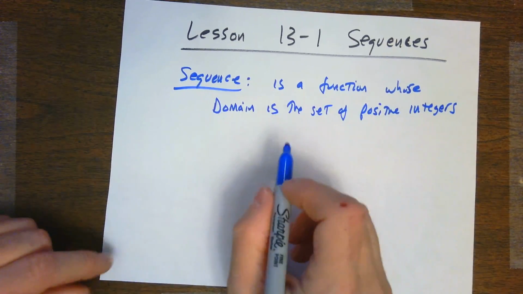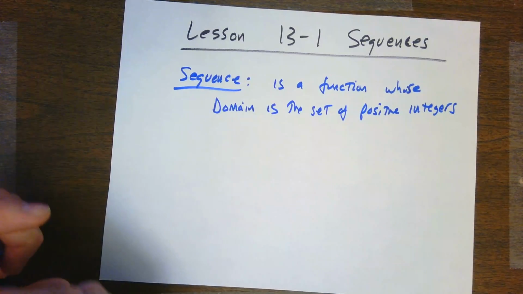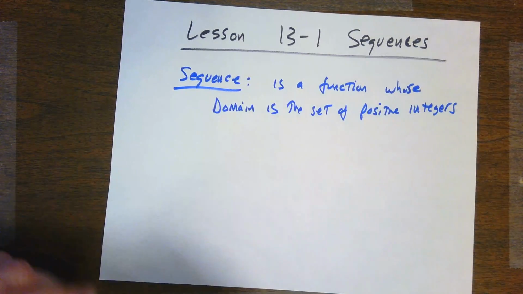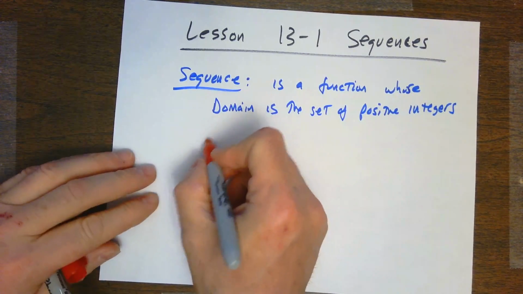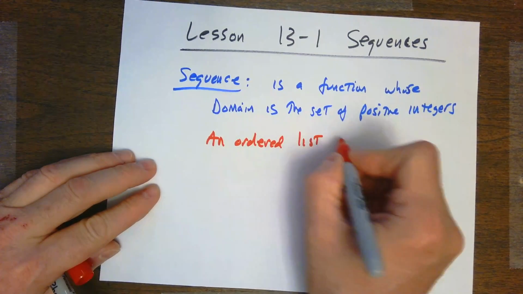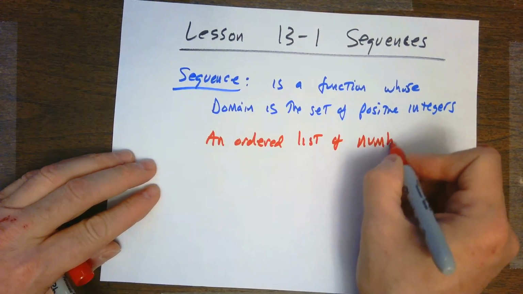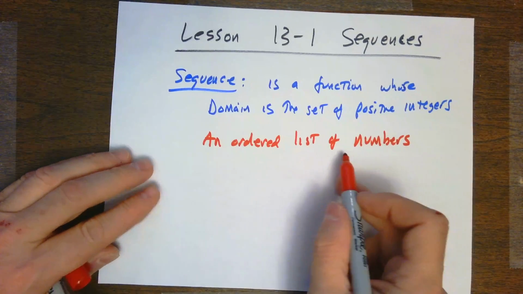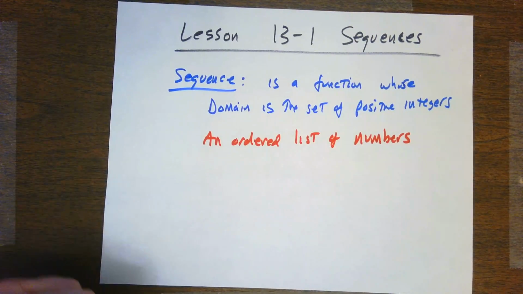That's the domain, not the output, the domain. Another way of thinking about a sequence, a better way, is to think about it as an ordered list of numbers. The ordered list of numbers is the output of that function.